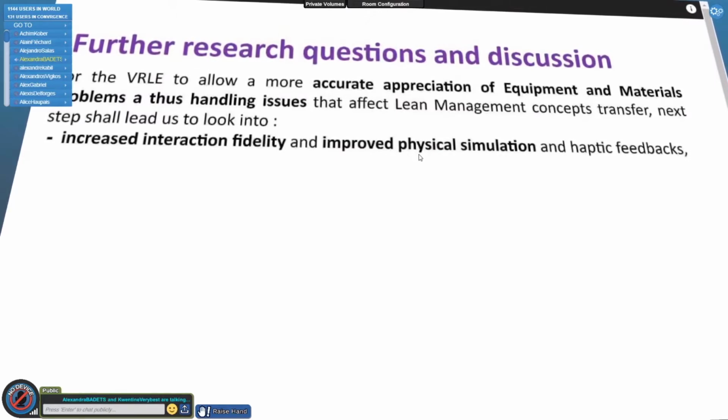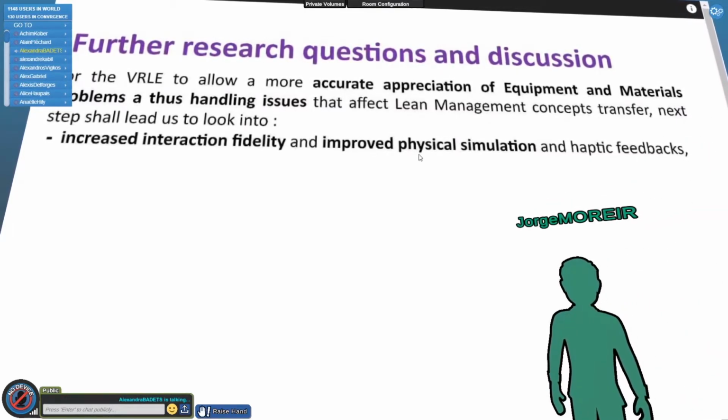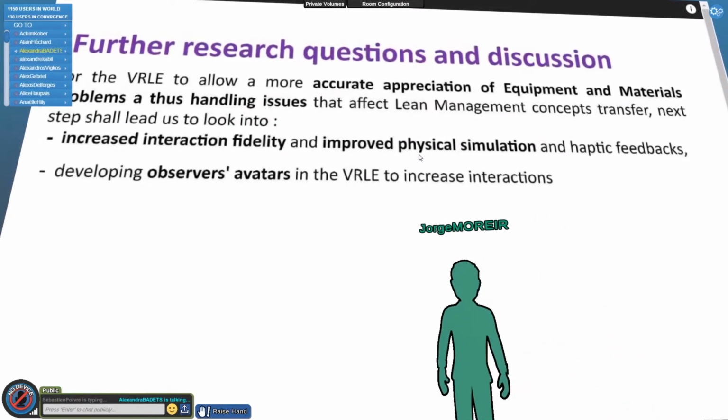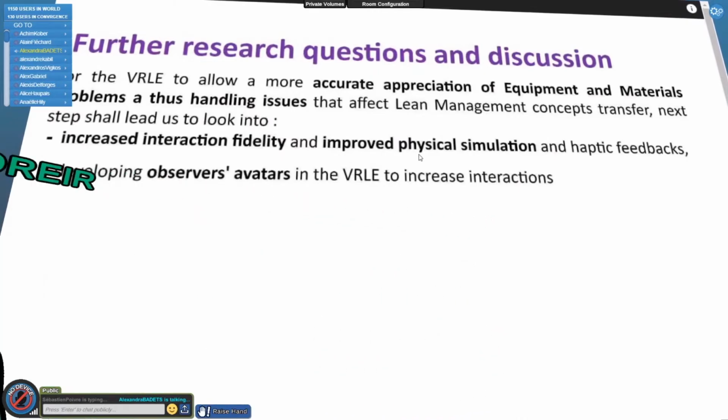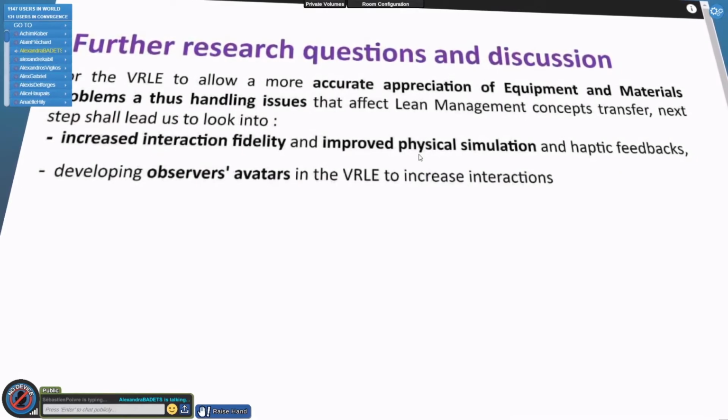Such improvements should upgrade the realistic rendering of the interaction, and it should help trainees detect problems and suggest improvements. We would also like to address the lack of interaction between operators and observers in the VR environment. So we thought maybe developing avatars of observers might be a good option, because these interactions did help the trainees in the real world address issues they encountered.